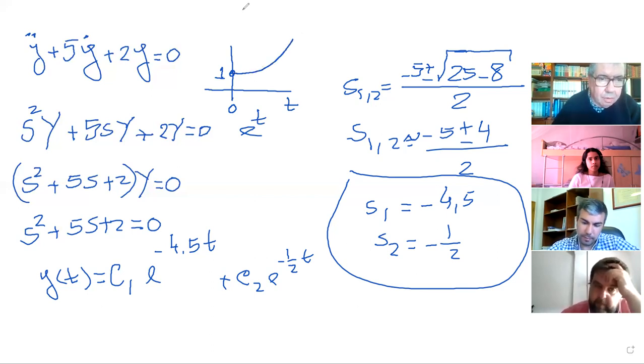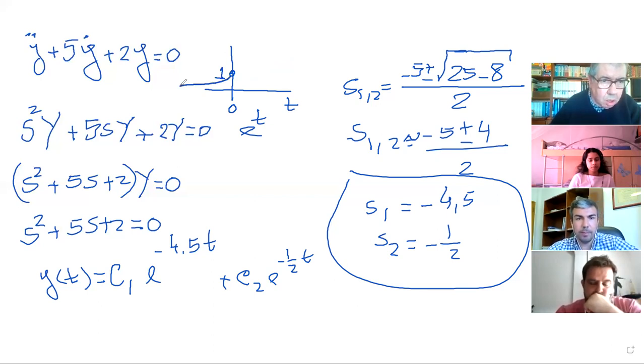It grows, let's make a better plot. Something like this. Okay? Now, if you have exponential of minus t, what happens? For t equal to 0, what is the value of e to minus t?